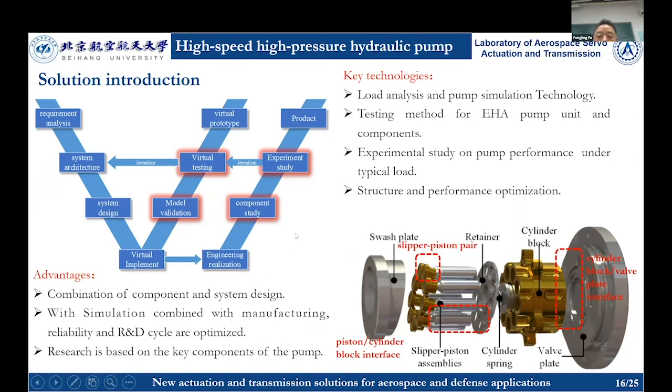As you know, in the axial piston pump, there are 3 very important friction pairs. This is the slipper piston pair and slipper piston assembly. And this is the cylinder block valve plate interface and the piston with the cylinder block.